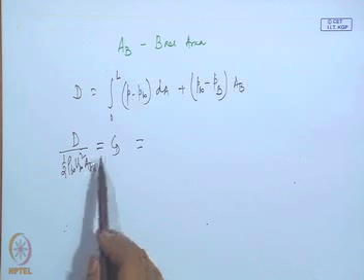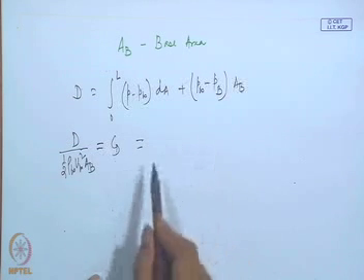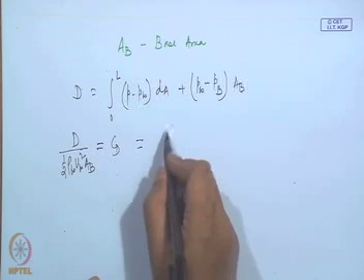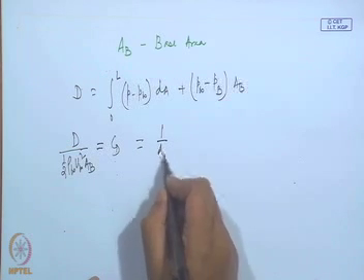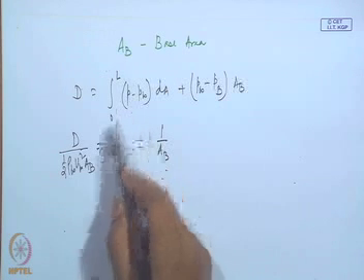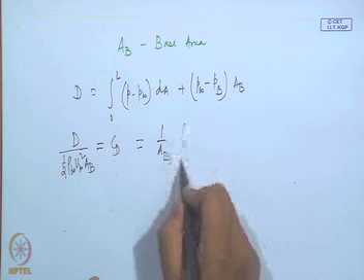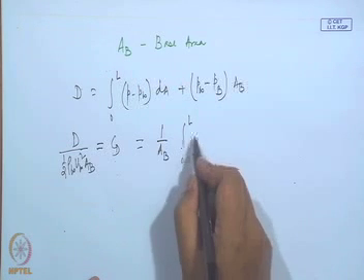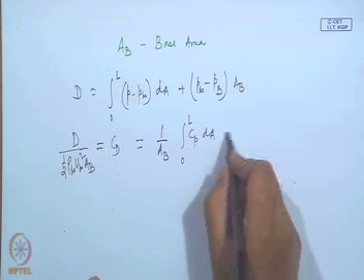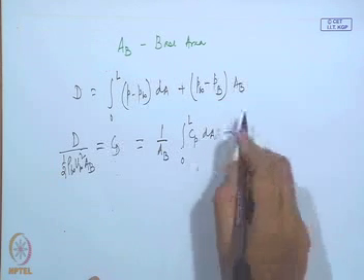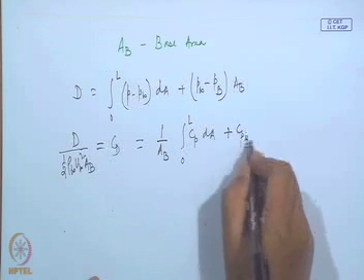But in this case you can see that the drag coefficient is based on base area. Now, when divided by half rho infinity u infinity square, this becomes the pressure coefficient. So, integral 0 to L of C p dA plus C p b.